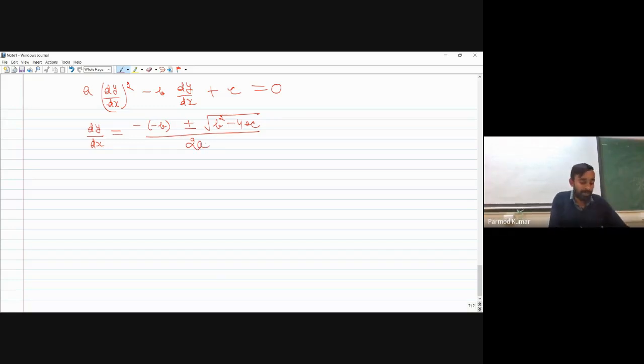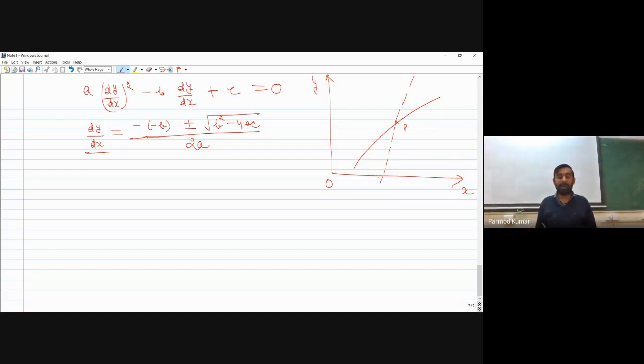Okay, so what is this dy by dx? If you see my earlier slide, I have told you that we have an xy plane, and over this xy plane we have some point P. Now we have a number of directions over here, but we have some unique, specific direction about which our highest order derivative becomes indeterminate. Okay, so this dy by dx represents nothing but slope over the xy plane.